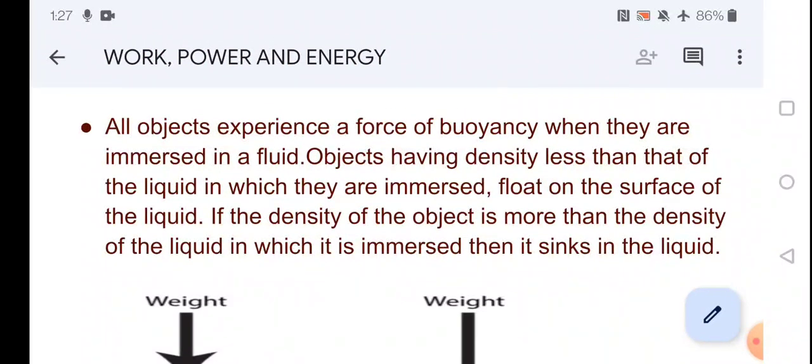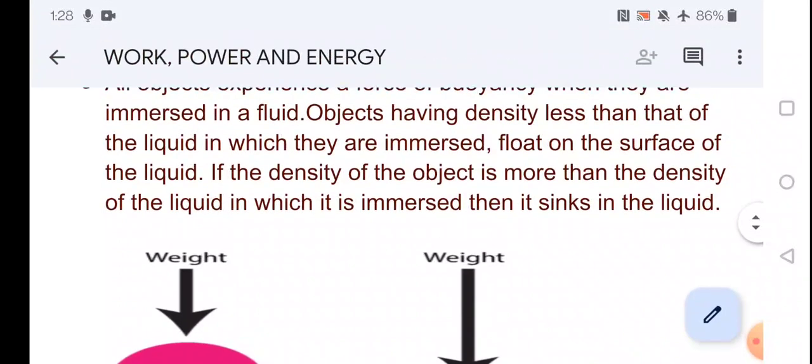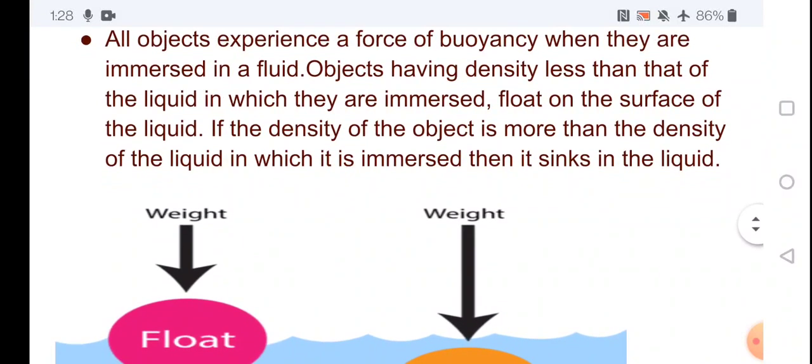If the object has less density than that of the liquid, it will float.